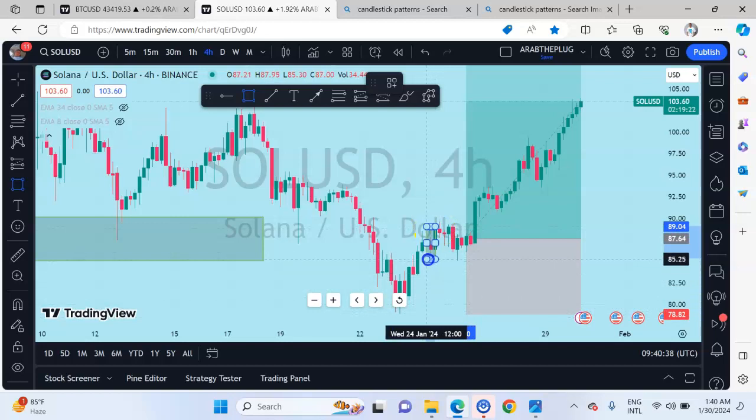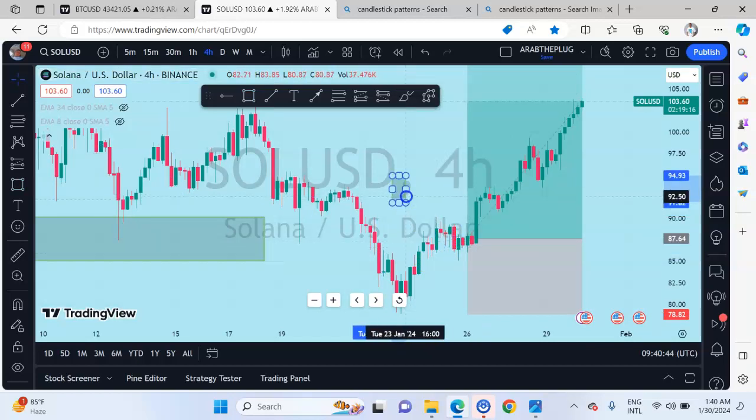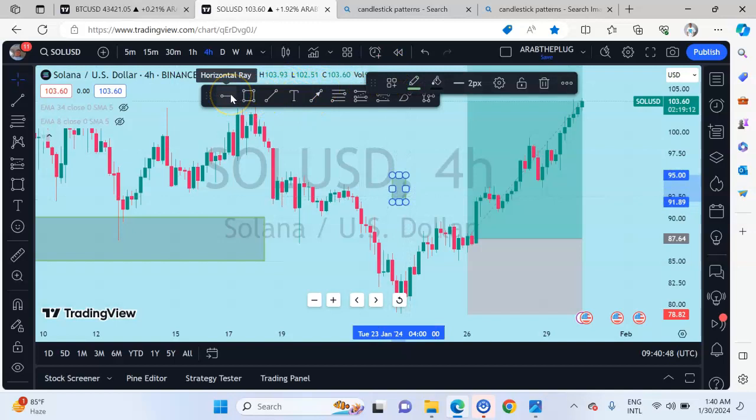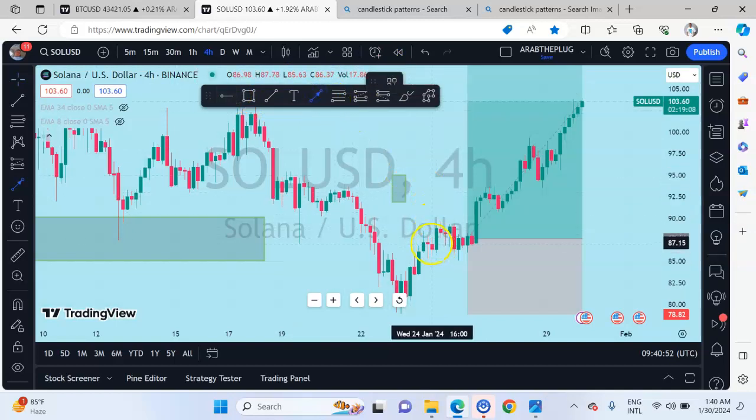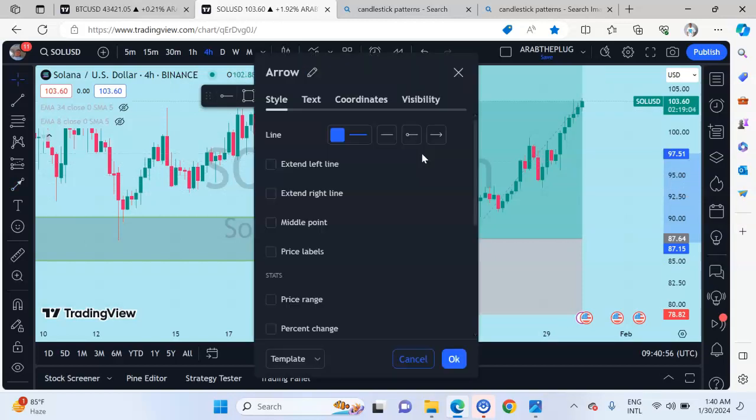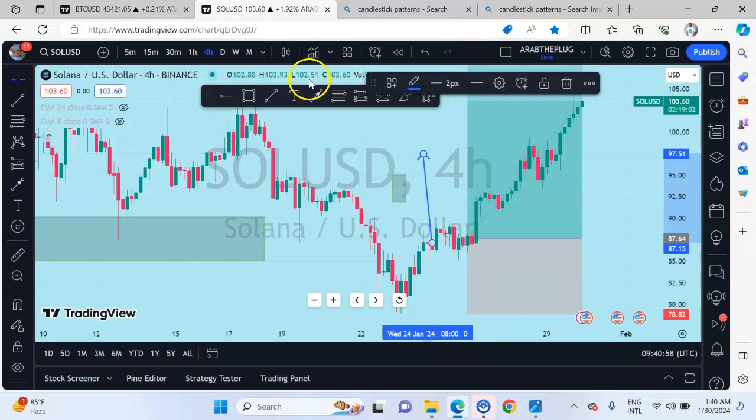This is a previous bearish candle. You can see the candle is a bearish candle at the support level, followed by a bullish candle.